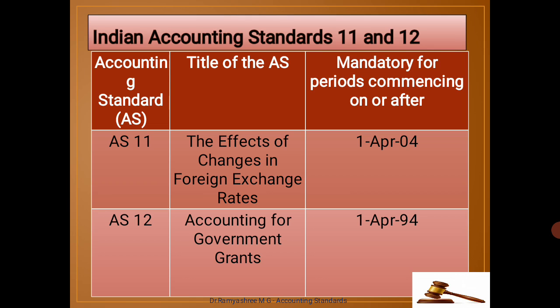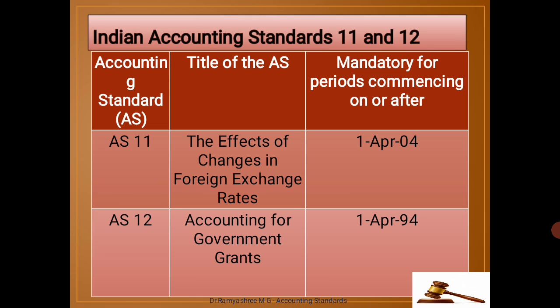Accounting Standard 12 deals with accounting for government grants. This accounting standard has become mandatory in respect of accounting periods commencing on or after April 1st, 1994.